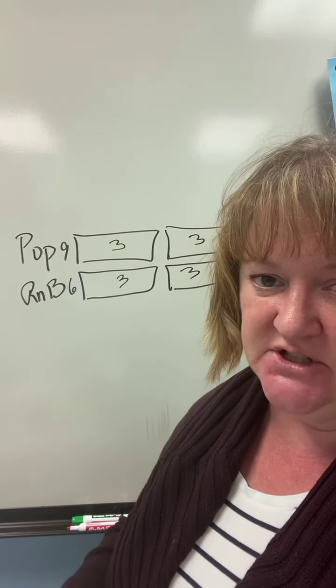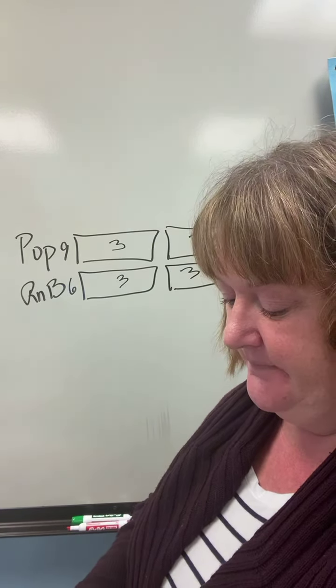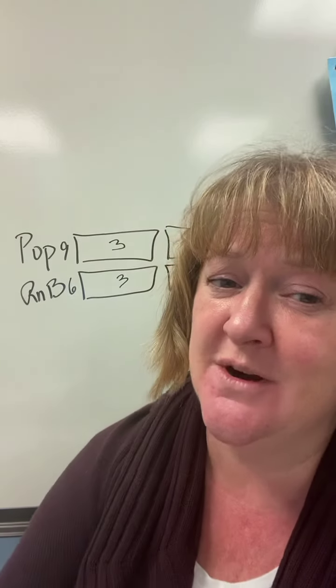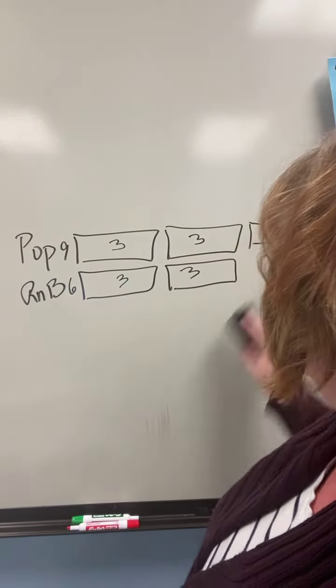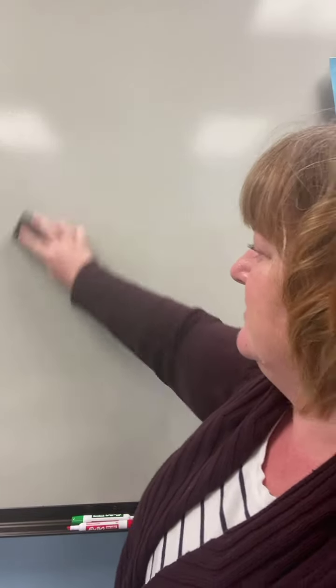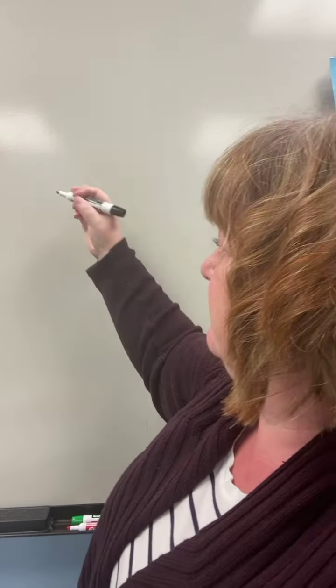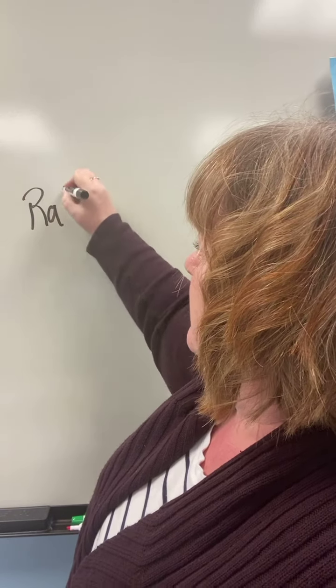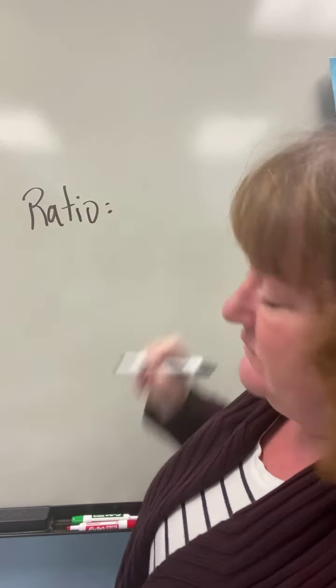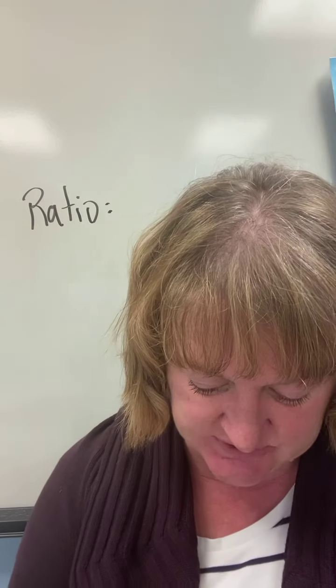So let's turn the page and take a look at another thing here. So in your comp book, and I know it's been a while since you've written in your comp book, if you could write down the definition of ratio, which is on page 268.